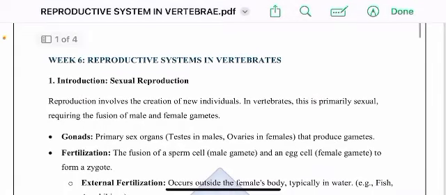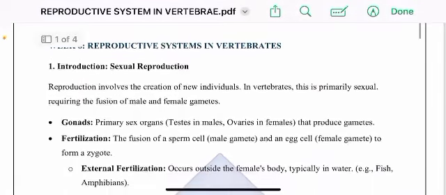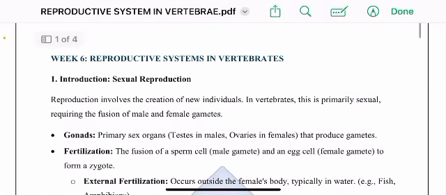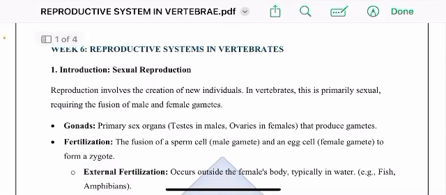Hello students, I'll be taking the topic reproductive system in vertebrates. Now, one of the reproductive methods is sexual reproduction.